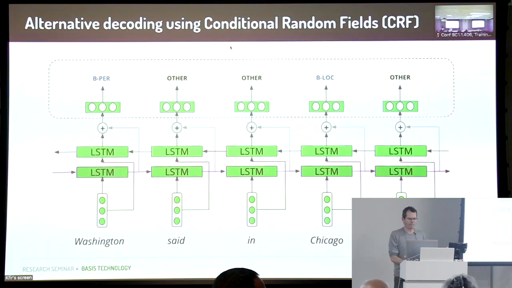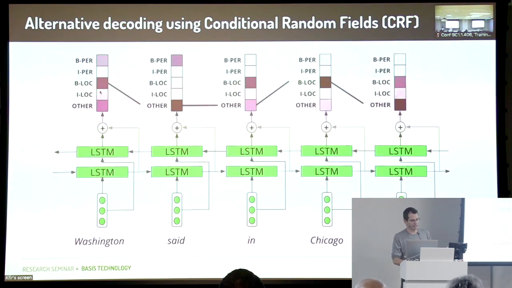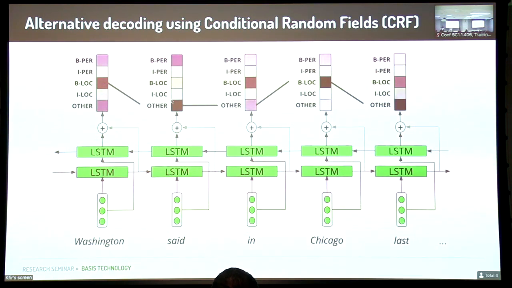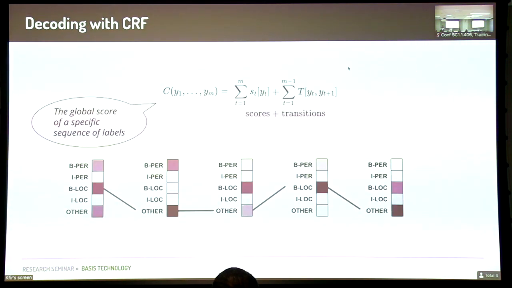We still calculate these probability vectors, but instead of picking the one with maximum probability, we also look at the probabilities of moving from one label to another, and we calculate a score for the whole sequence. The score is for a specific sequence of labels, Y1 to YM for an M word sentence.